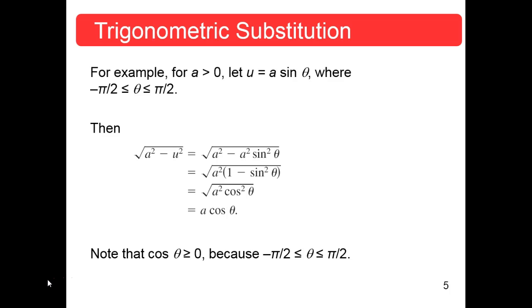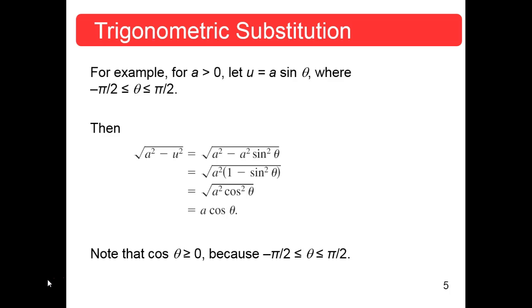So, with a being positive, let u equal a sine theta. So then what I would do here are a couple of steps. u squared, since that's how it shows up here, would be a squared sine squared theta, right? So plug that in here. a squared from here minus, and then square this, a squared sine squared theta.